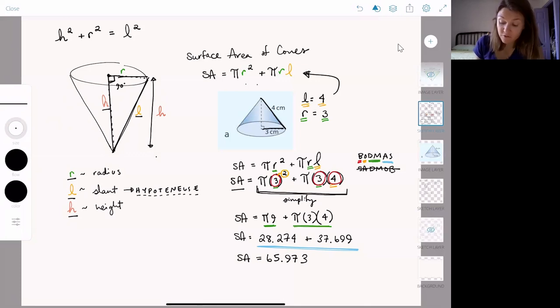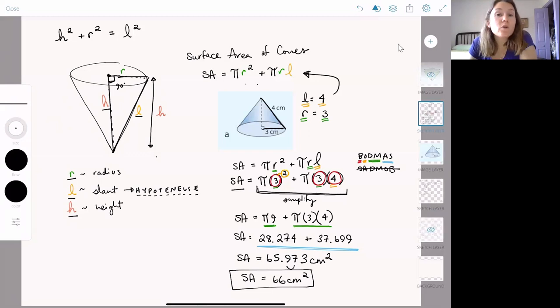And this is going to be surface area, centimeters squared. But the directions ask you to answer with 1 decimal point. The 7 makes the 9 round up. So really, that's going to be 66 centimeters squared.